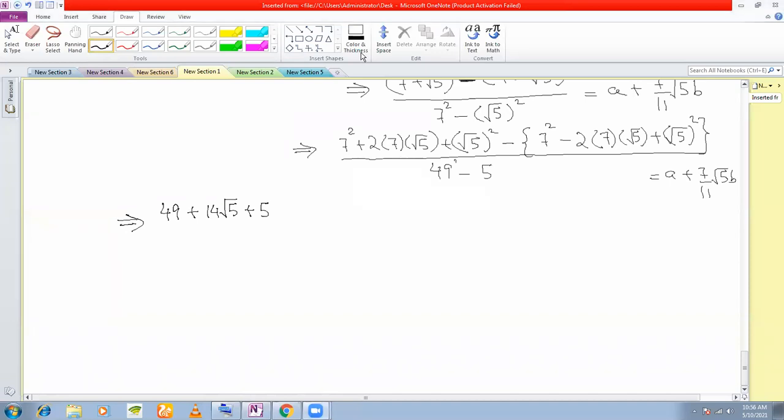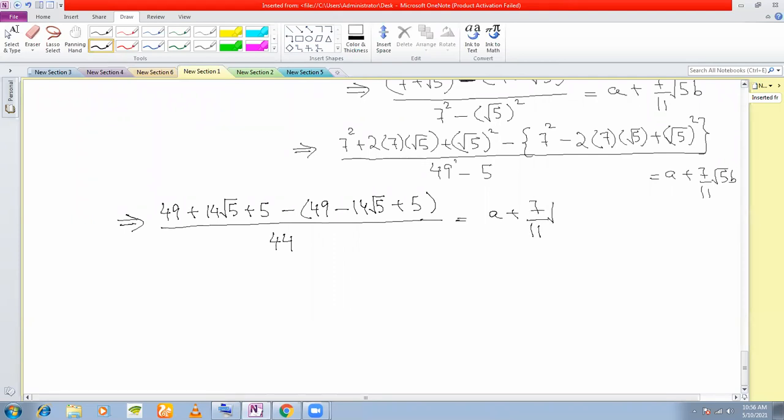Minus, here you have a 49 and then you have a minus 14 root 5 plus 5, divided by 49 minus 5 should be 44, is equal to a plus 7 by 11 times root 5 b.